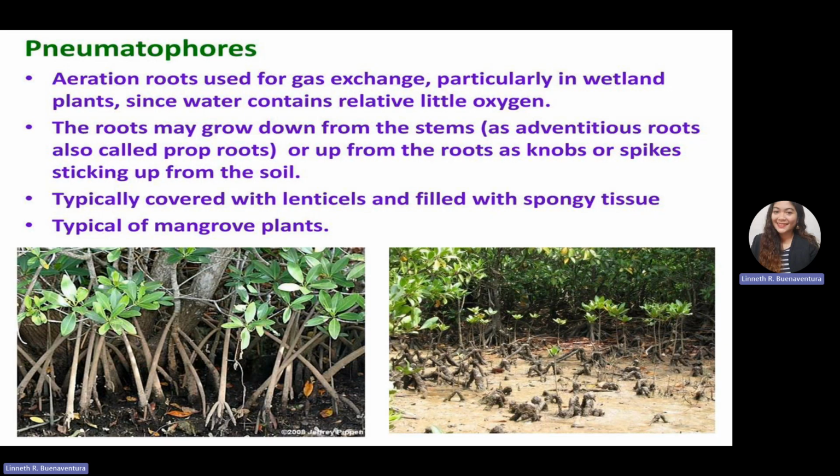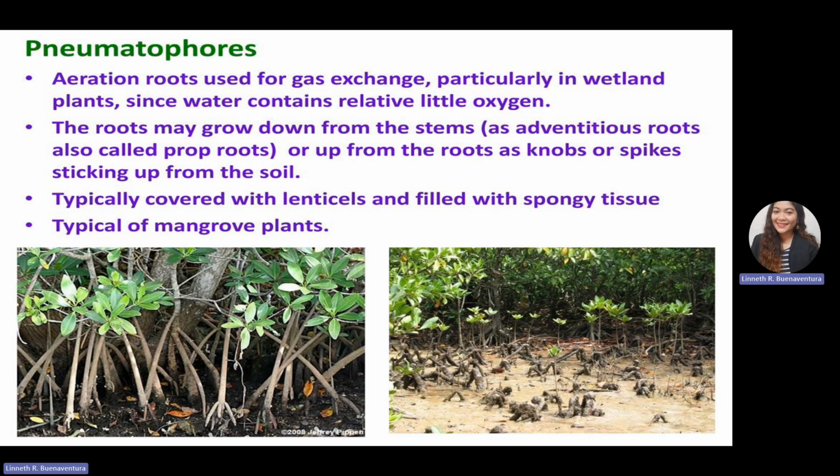Some plants acquire oxygen through specialized parts, which are the prop roots, known as pneumatophores. The aeration roots are used for gas exchange, particularly in wetlands, since water contains relatively little oxygen.